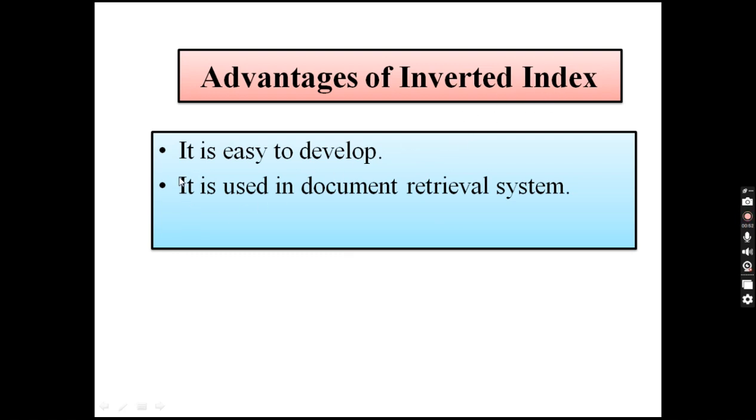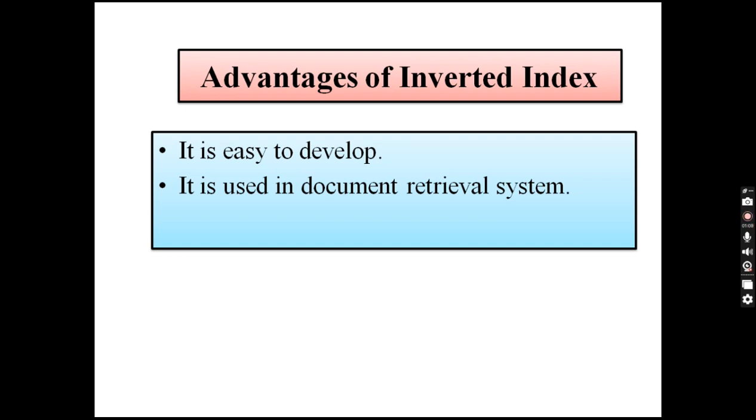The first advantage is that it is easy to develop. The next advantage is that it is used in document retrieval systems, for example search engines. The example of a search engine could be Google.